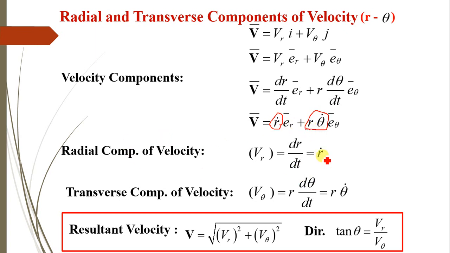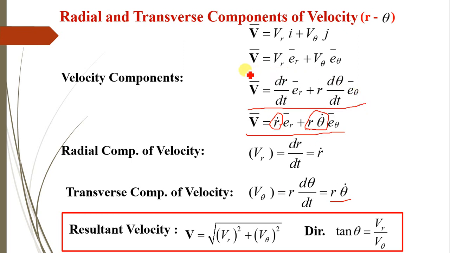Similarly, Vr is equal to r dot and V theta is equal to r theta dot. Therefore V is equal to the square root of Vr squared plus V theta squared, and tan theta is equal to Vr divided by V theta. These are the expressions of velocity V bar in terms of Vr and V theta that can be obtained by solving this equation.